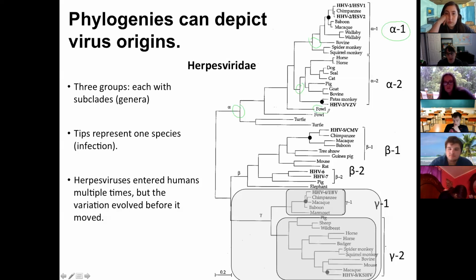Fowl kind of fall into two different clades, and it could be that there's an alpha 3 here, an alpha 4, and an alpha 5. But what the book had highlighted is only the stuff that had human equivalents. So that's my best guess. I don't know all the details about the herpes viruses in birds and reptiles. So I just don't know.